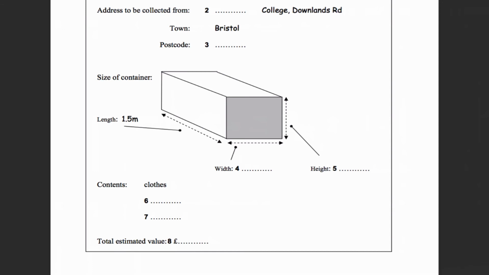Yes, there's mostly clothes. Okay. And there's some books. Okay, good. Anything else? Yes, there's also some toys. Okay, and what is the total value, do you think, of the contents? Well, the main costs are the clothes and the books. They'll be about £1,500. But then the toys are about another £200. So I'd put down £1,700.